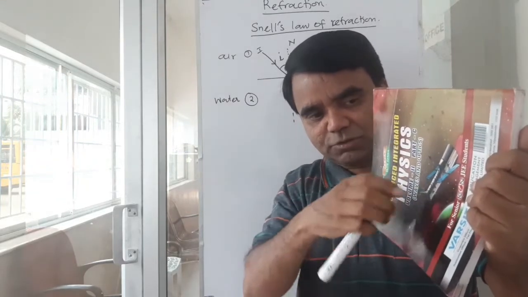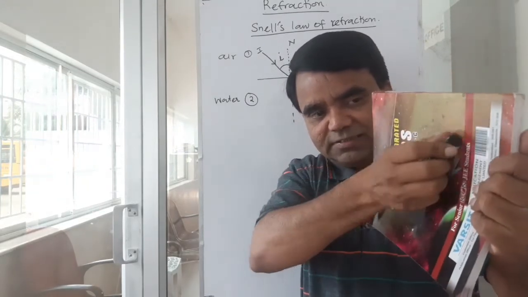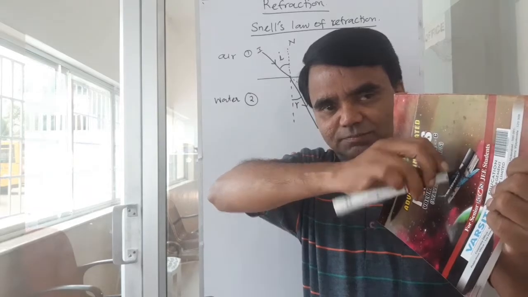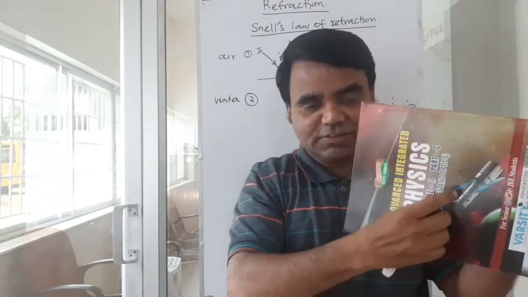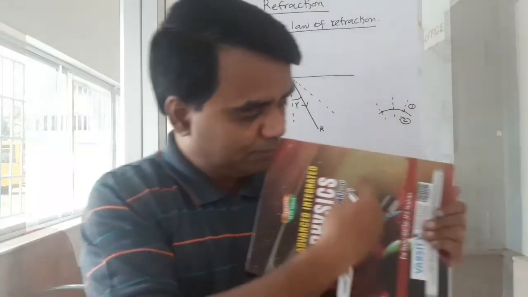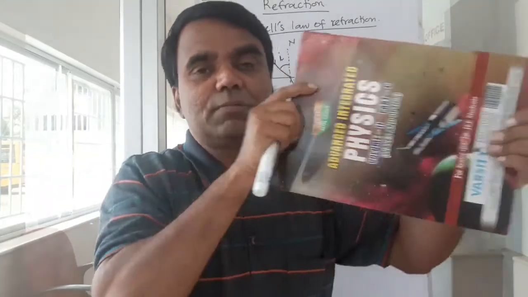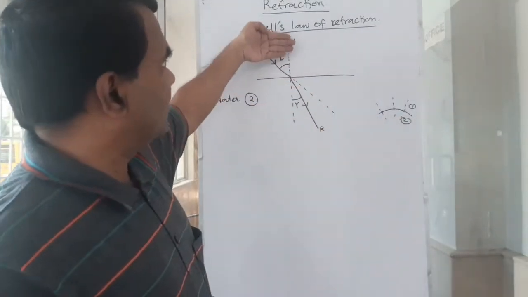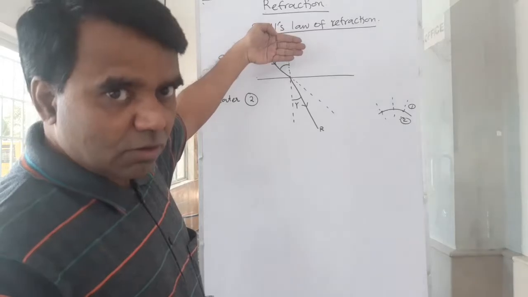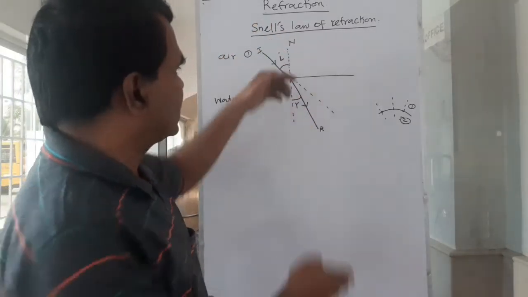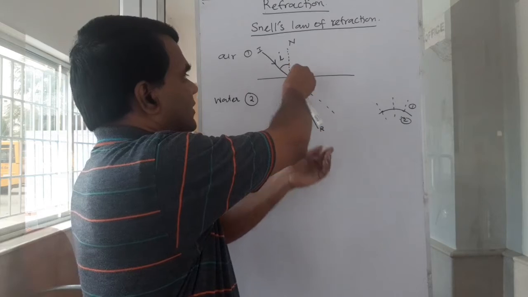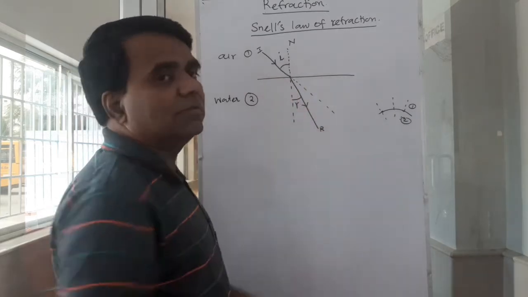So it cannot come like this and refract like this. If it comes like that, then it has to refract like this. So the angle will be made on the same plane. Whatever plane these two are on, this will also be on the same plane. It cannot just refract like that.